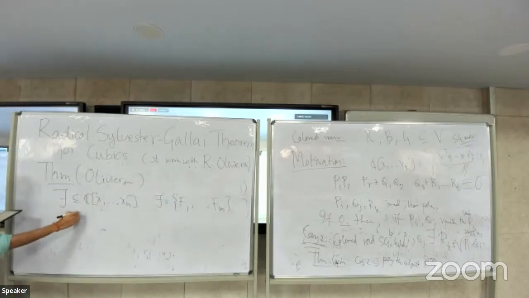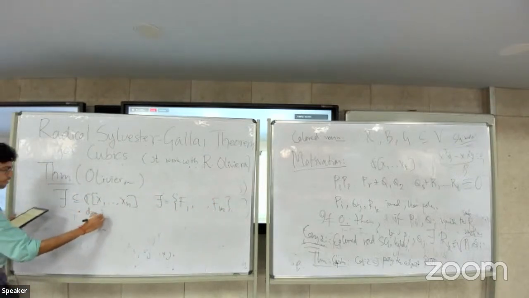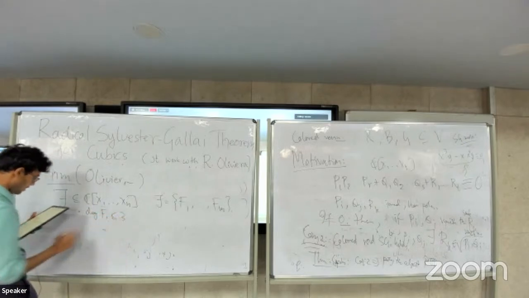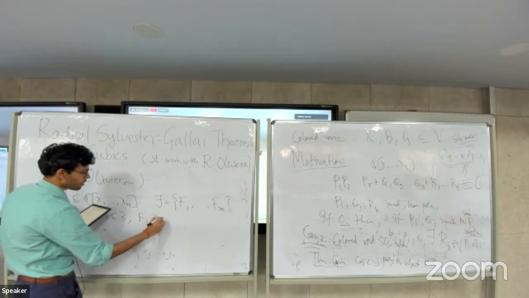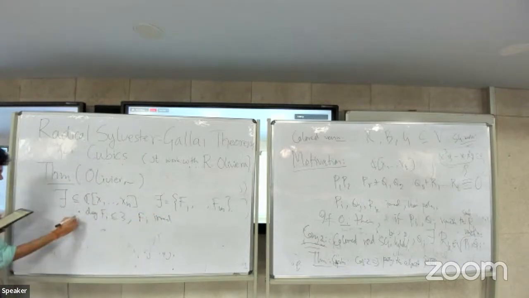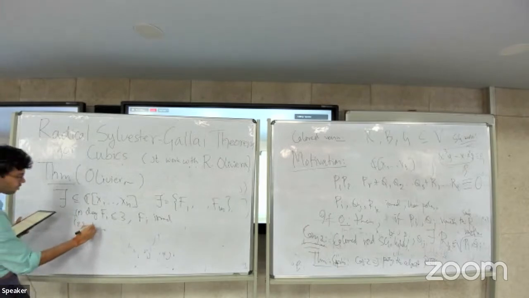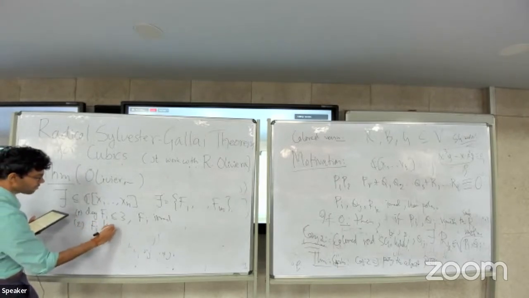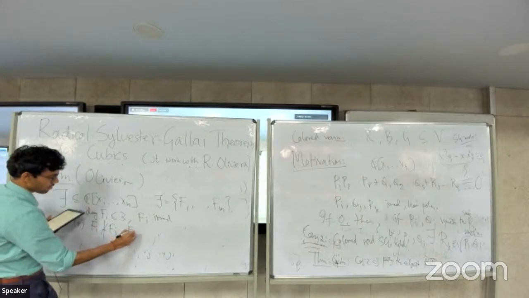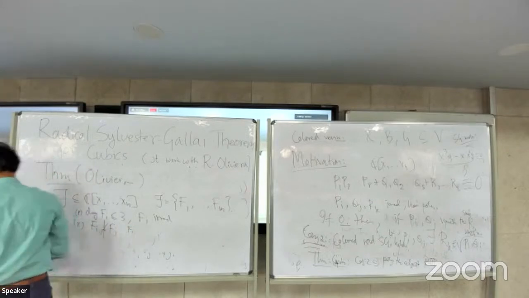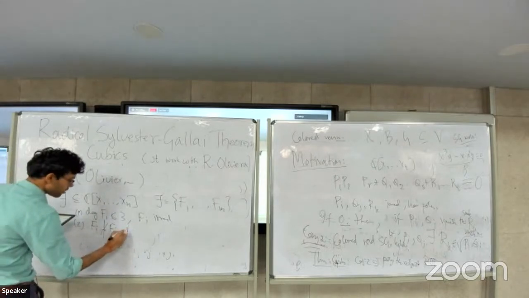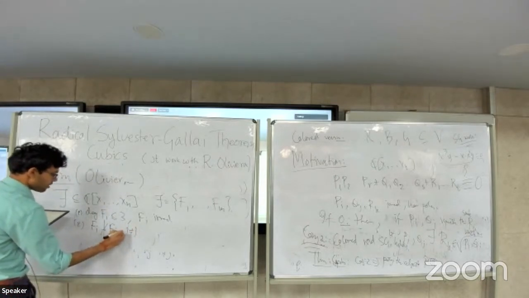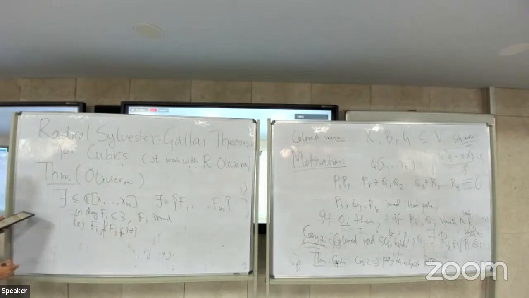The conditions: degree of fi is less than or equal to 3, and the fi's are irreducible. Number two, they're not scalar multiples of each other, so fi does not divide fj for i not equal to j.